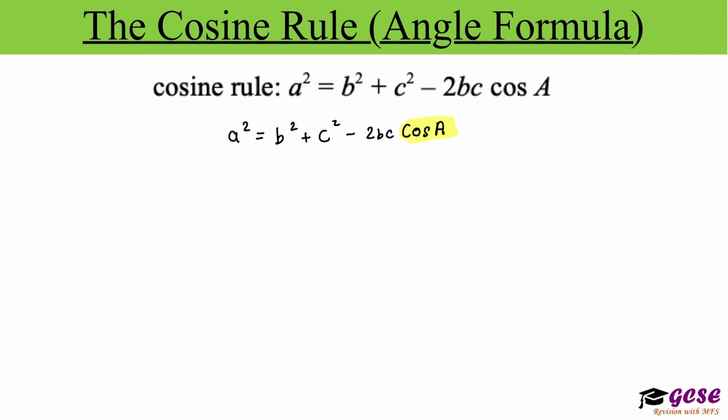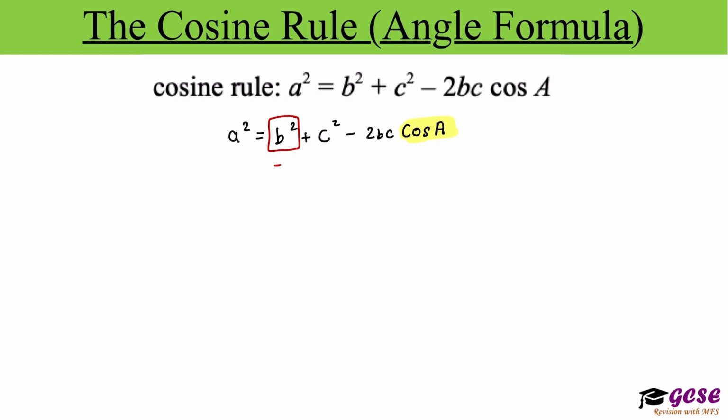So we want to make this part the subject of the formula. And if we're making that part the subject of the formula, that means that all of this has to go. It has to move, it has to go to the other side. Okay, and that's basically what we're going to do. So first of all, let's get rid of this b squared. Now, in order to get rid of this b squared, at the moment you can see it's being added. So in order to get rid of it, you need to do the opposite.